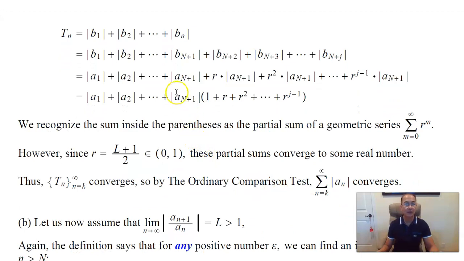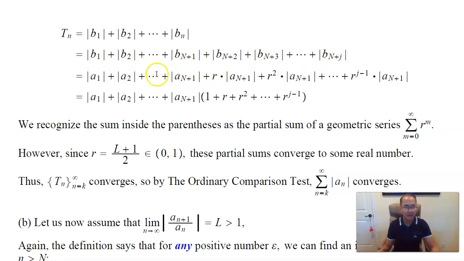Okay, so we are looking at the partial sums Tn, absolute value b1 to absolute value of bn. And let's say that little n is big N plus j. Okay, switching notations a little bit. So we will add up to bN plus 1, continue with bN plus 2, bN plus 3, and so on.